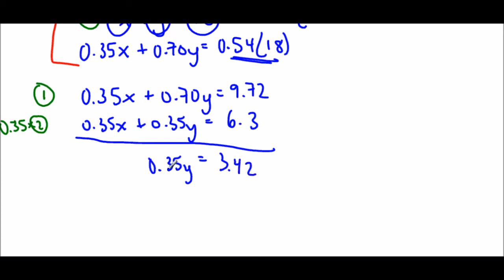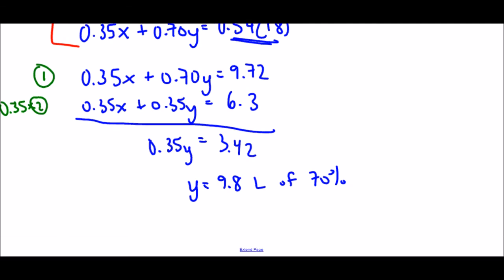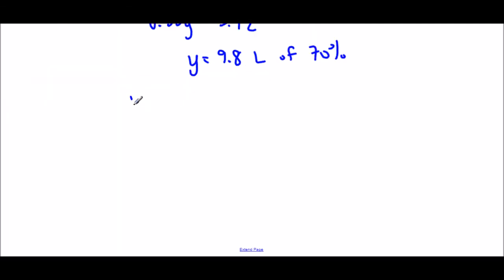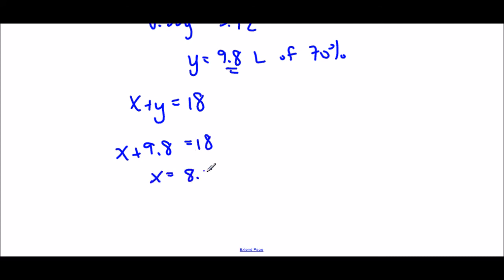So I've eliminated my x's, and all I have to do now to solve for y is divide by 0.35, and I get y equals about 9.8. So I need 9.8 liters of the 70% solution, which means I can easily find how much of the other solution, because I know that x plus y equals 18, and now I know that y is 9.8, so x plus 9.8 equals 18, and therefore x must be 8.2.